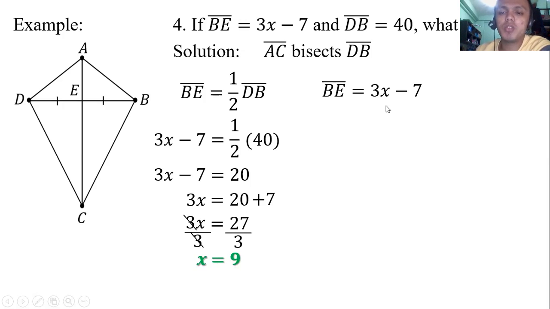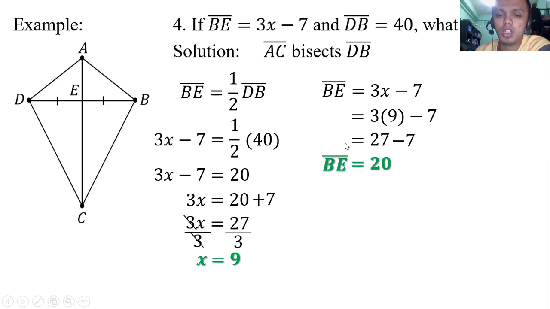In 3x minus 7, substitute your x to 9. So we have 3 times 9 is equal to 27 again, minus 7 is equal to 20. As you can see, BE now is equal to 20 and your 20 here is half only of your DB which is equal to 40. Kalahati lang siya ni 40. Okay? So the solution and your answer is correct, no, kapag ganito.